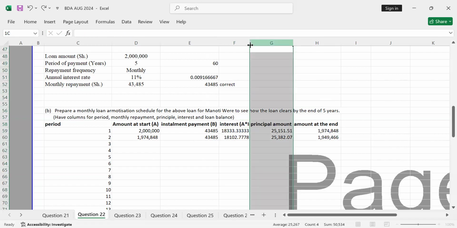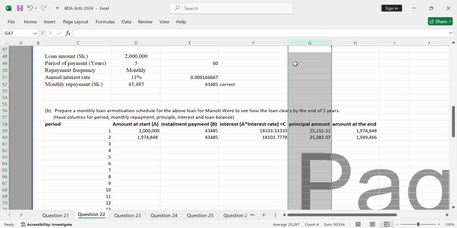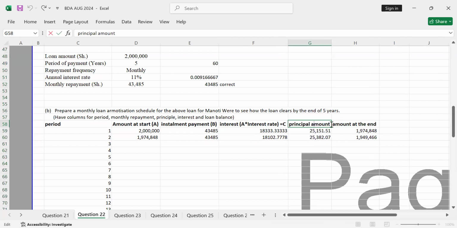So that principal amount here, it should be given by. So this one, I'd say this gives us C. So it will give us C. So that once you do that, you get now the principal amount.